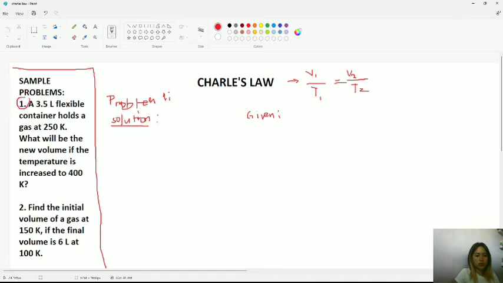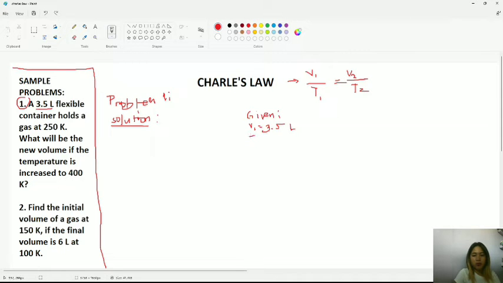Number 1, a 3.5 liter flexible container holds a gas at 250 Kelvin. So, we have an initial volume, or V1, of 3.5 liters. The flexible container holds the gas, so we have an initial temperature of 250 Kelvin.